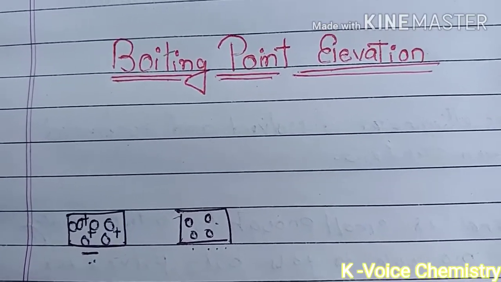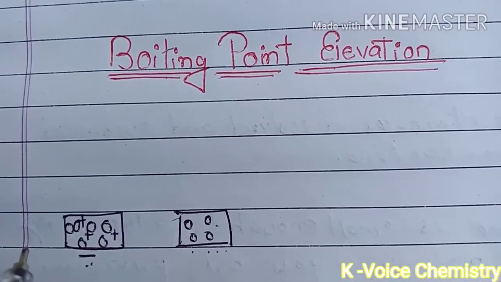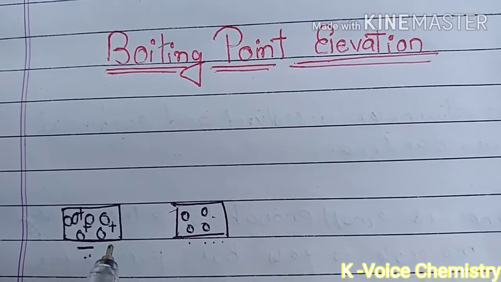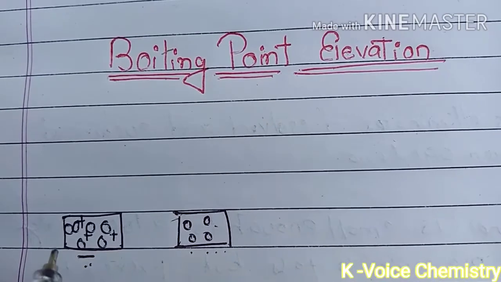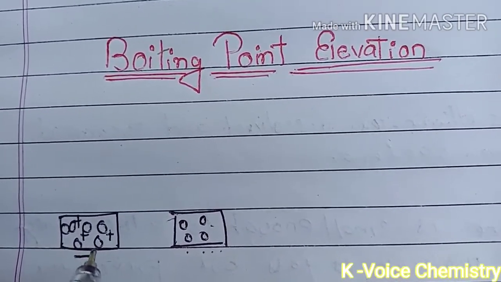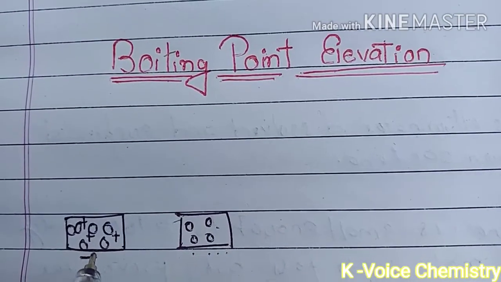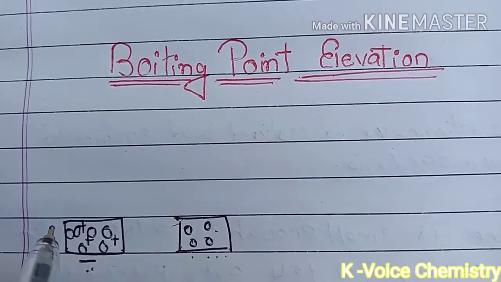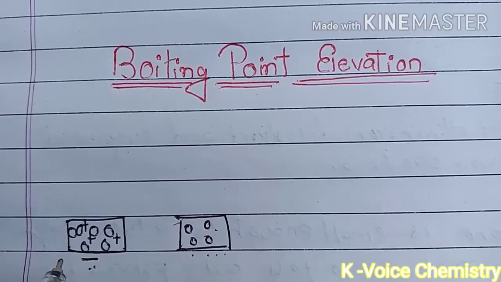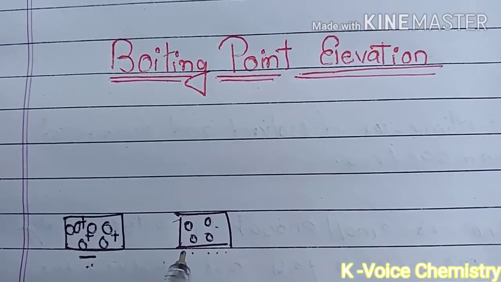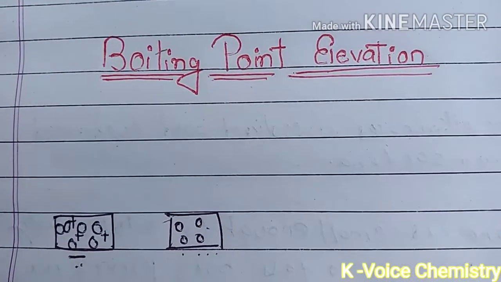As we are talking about colligative properties, we are dealing with a solute which is non-volatile in nature, and if a non-volatile solute is present, it will lower the vapor pressure, because it will not easily evaporate, and hence the net vapor pressure of this solution will be lower as compared to the pure solvent.